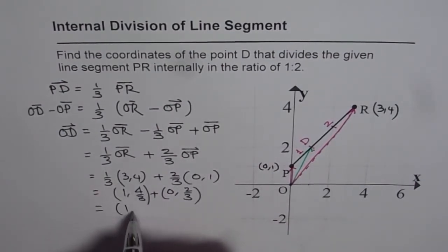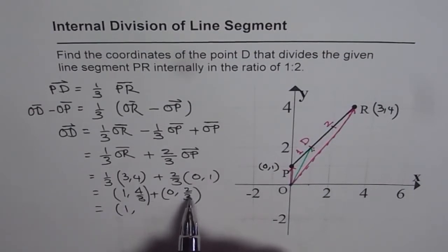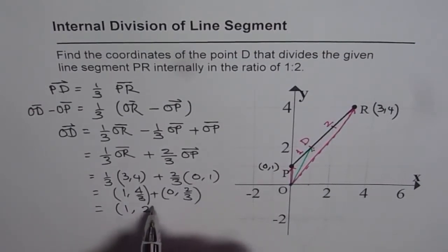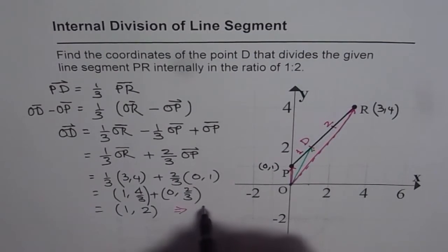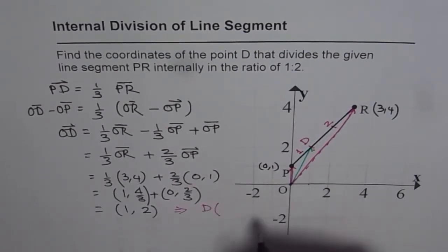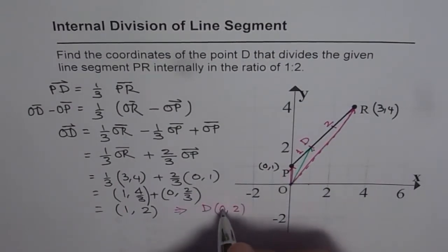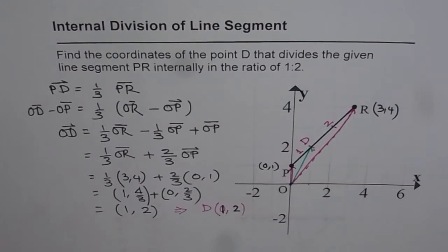And that is 1, and 4 over 3 plus 2 over 3 is 6 over 3, which is indeed 2. So vector OD is 1, 2, and that means point D should be what? So from here it's very clear, that implies that point D basically is 1, 2, right? From origin, I wrote is 1, 2, right? So that is our answer.